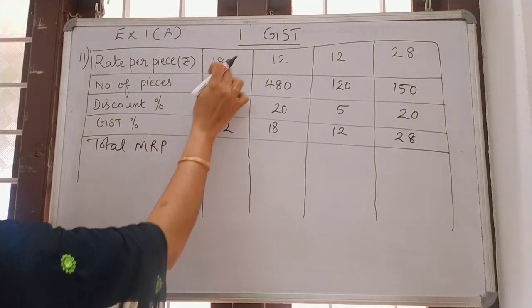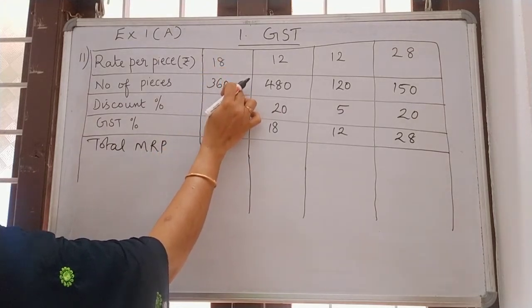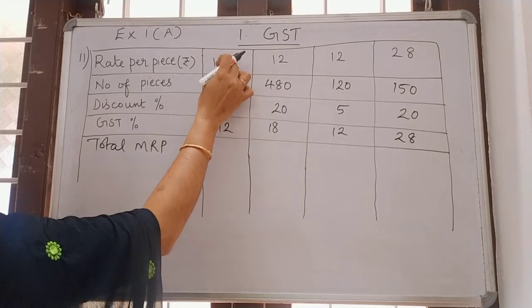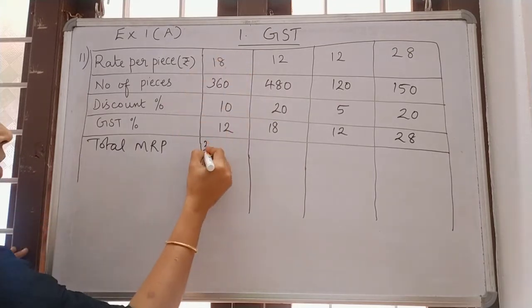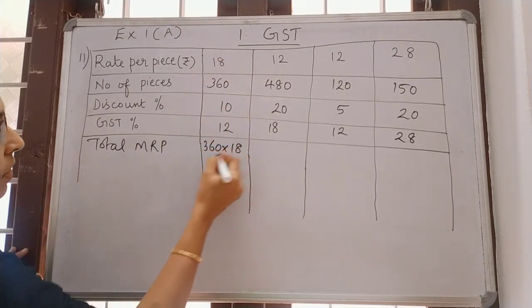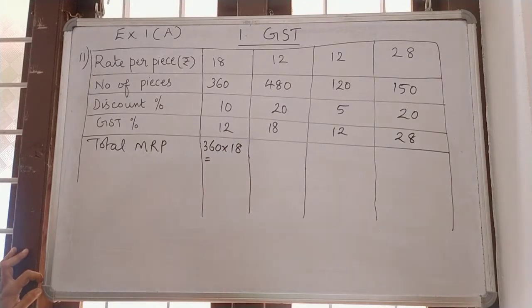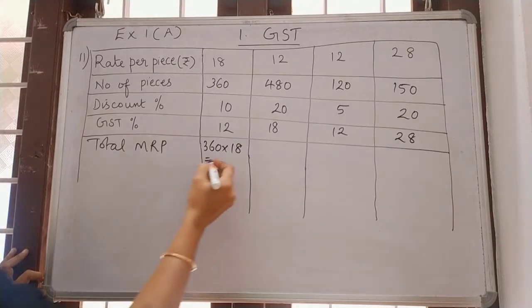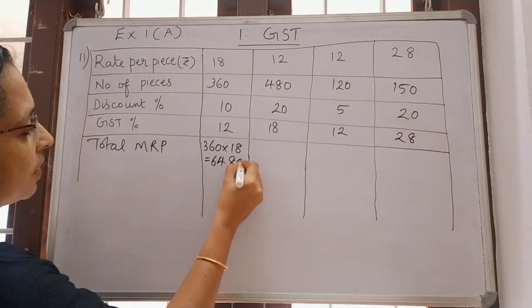Total MRP: 360 pieces, per piece 18 rupees. So we write 360 into 18, which is 6480.